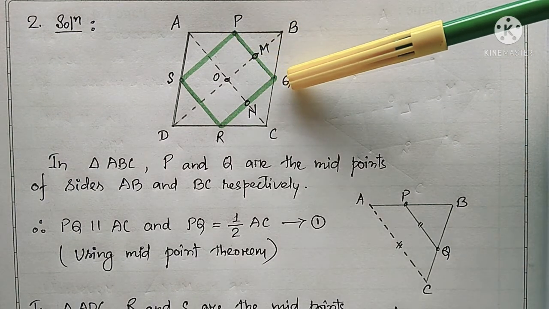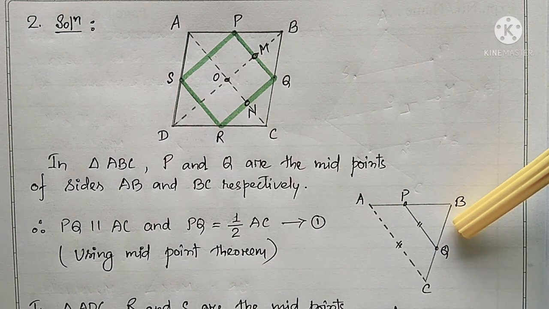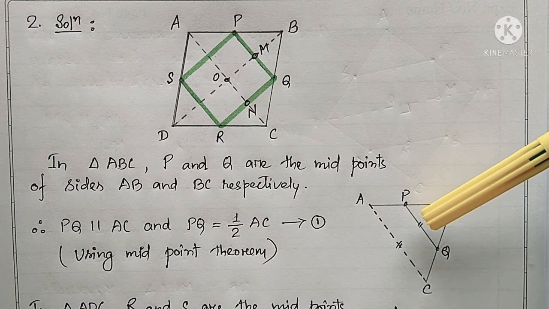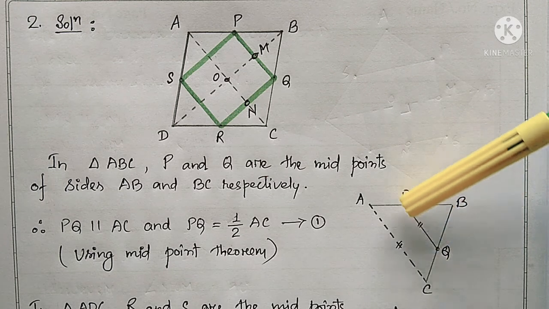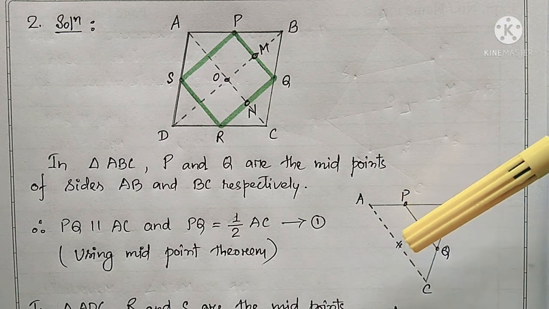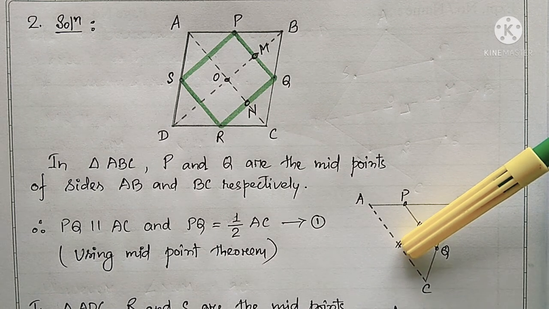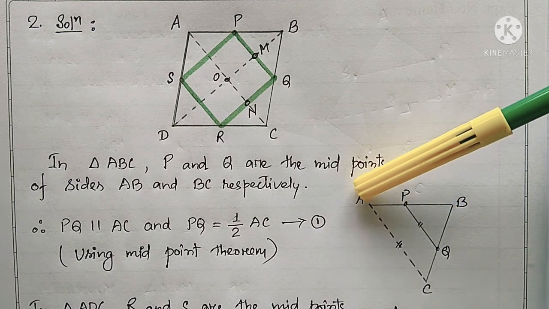In this diagram you see here P and Q are the midpoints. If P and Q are the midpoints in this triangle, then using the midpoint theorem, what can we say? PQ is parallel to AC, easily we can say, because in the midpoint theorem we know that if we join two midpoints, then the side we get is always parallel to the third side, isn't it? As well as one more property, PQ's length is half of the third side.